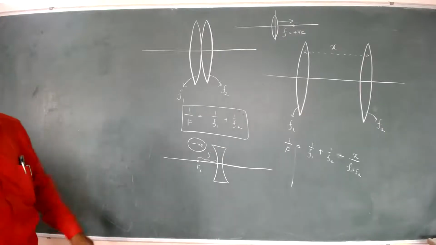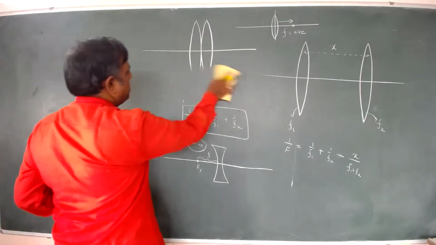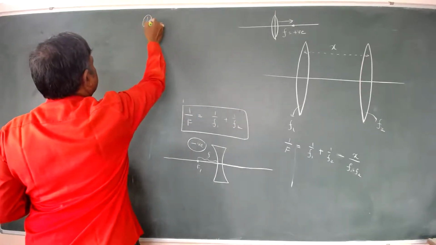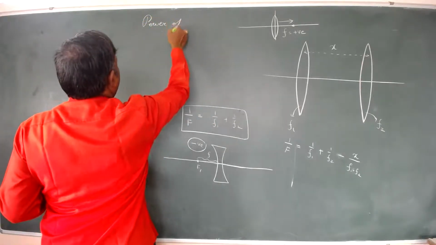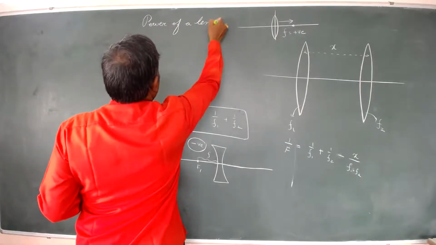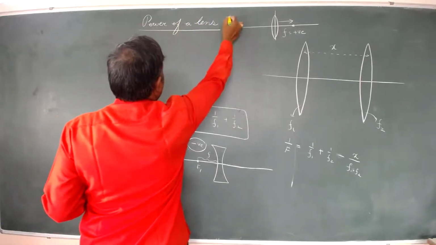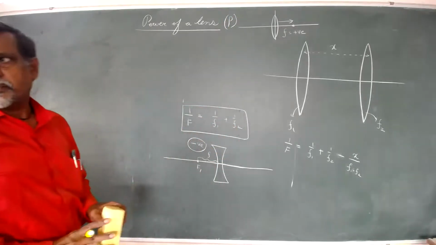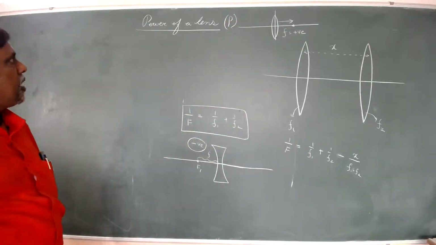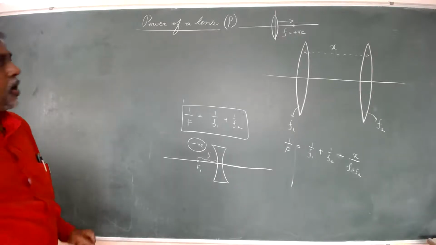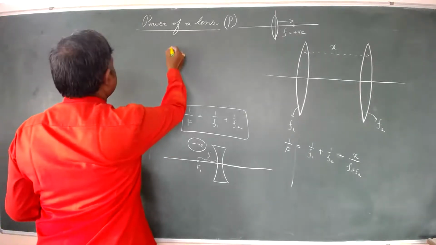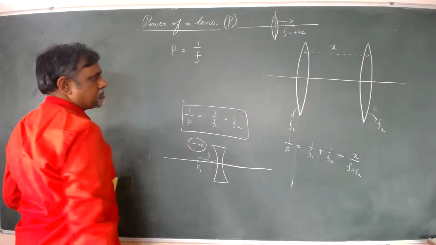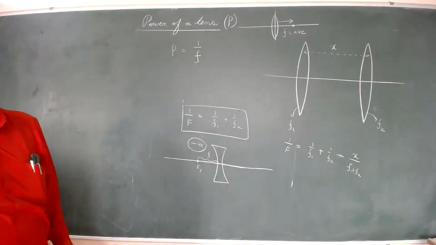Power of a lens. What do you mean by power of a lens? It is symbolically represented by P. Power of a lens is nothing but the reciprocal of focal length.